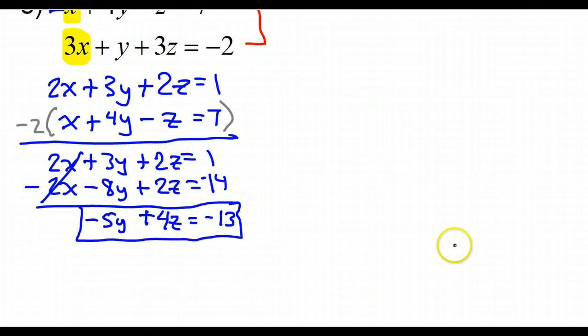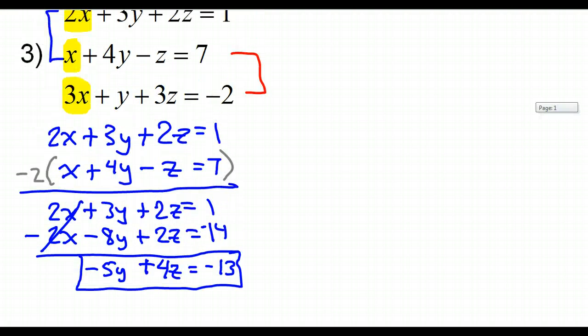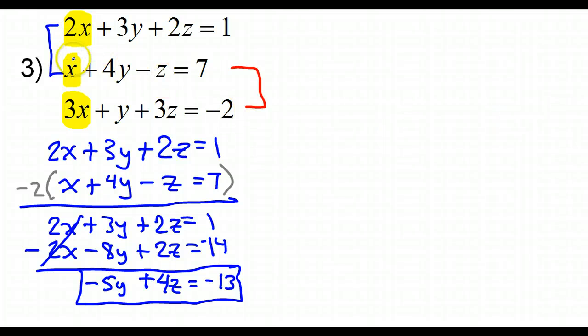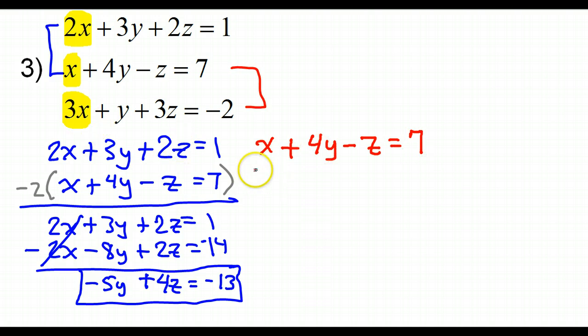Alright, I need to do that same thing basically again. So I did the top 2 equations, now I'm going to do the bottom 2 equations. So here I recopy. I've got x plus 4y minus z is equal to 7, and I've got 3x plus y plus 3z is equal to negative 2.